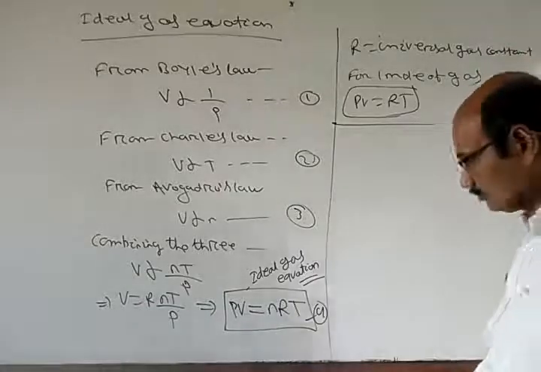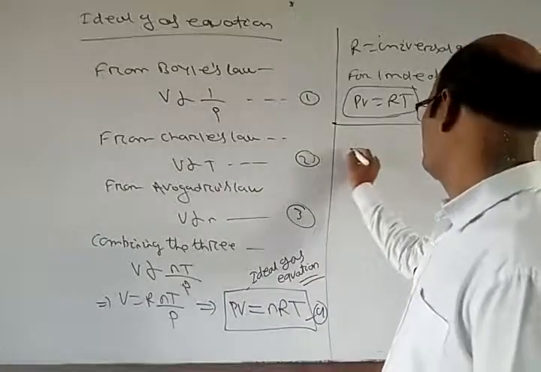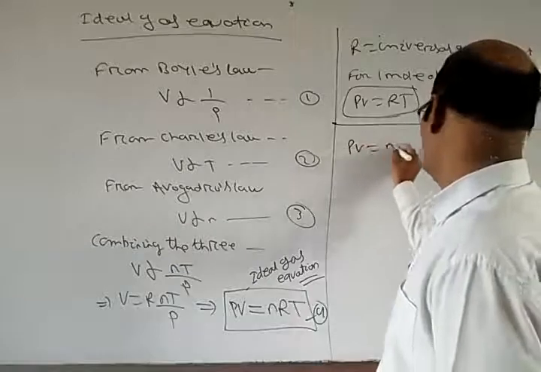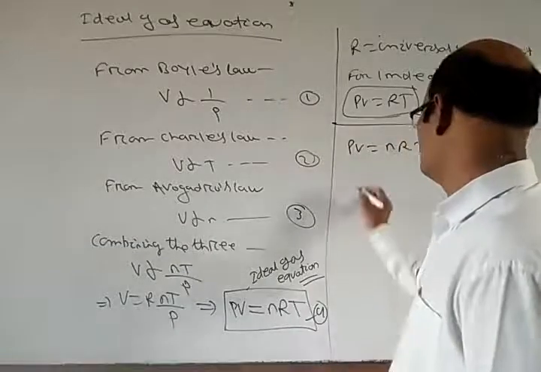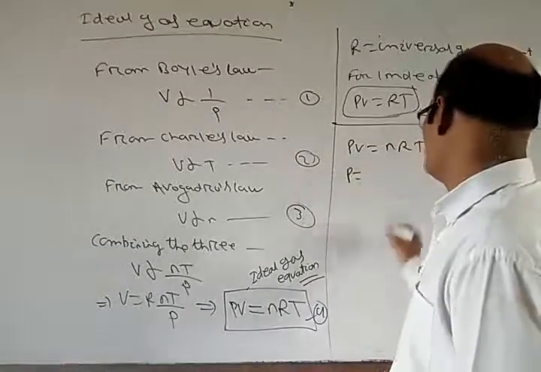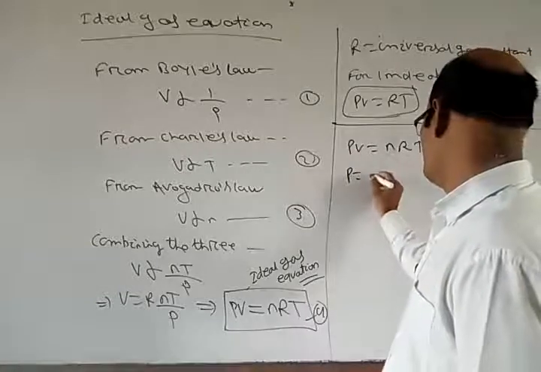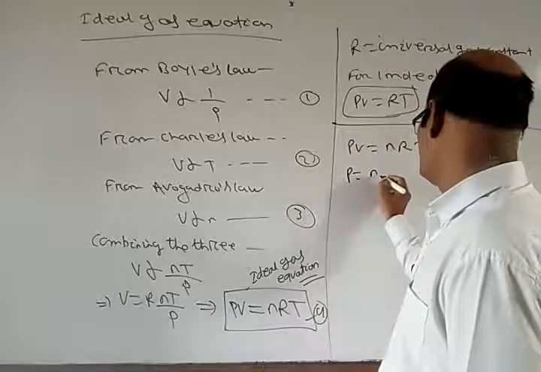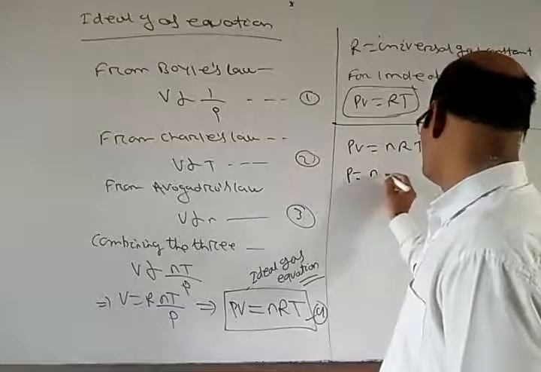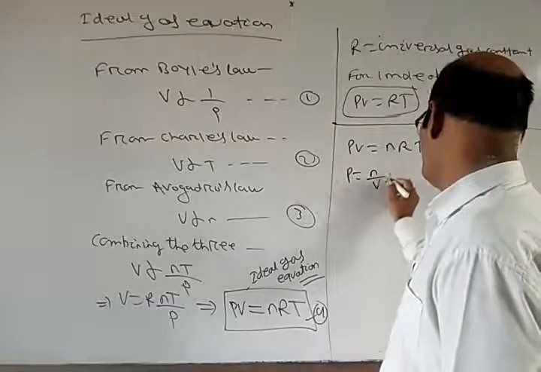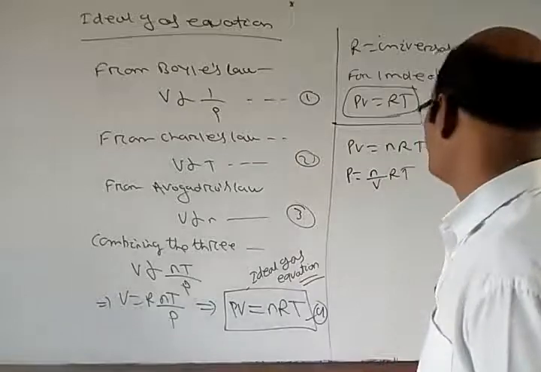Now, PV equal to nRT, or P equal to n by V RT.